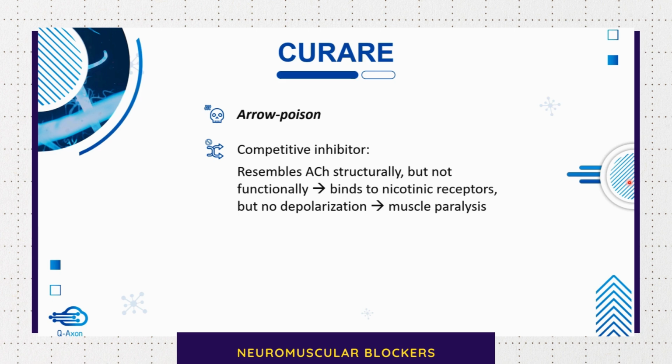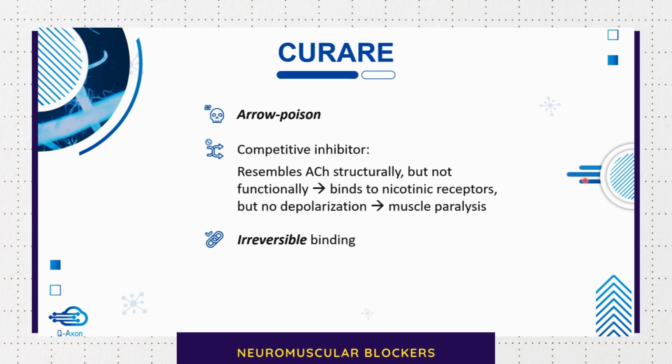However, it does not have any functional resemblance with acetylcholine. It does not perform the actions of acetylcholine. Therefore, there is no depolarization, and this causes muscle paralysis. So we classify curare as an example of a competitive non-depolarizing neuromuscular blocker.